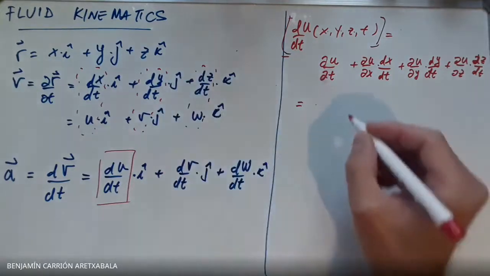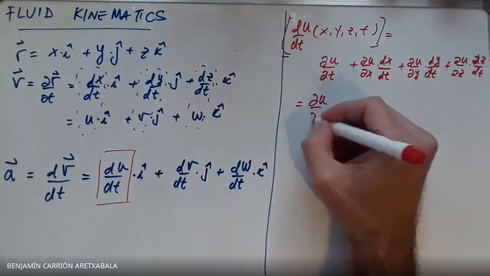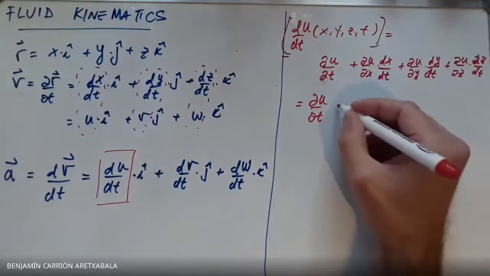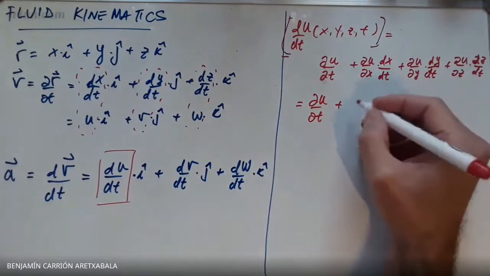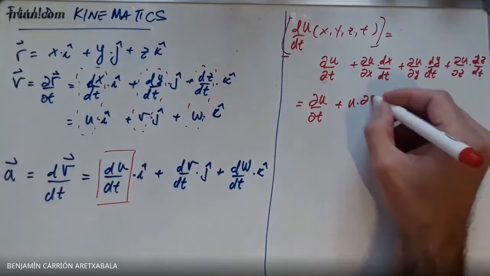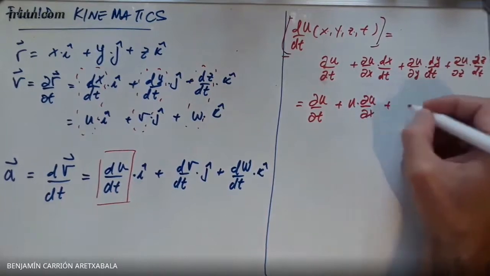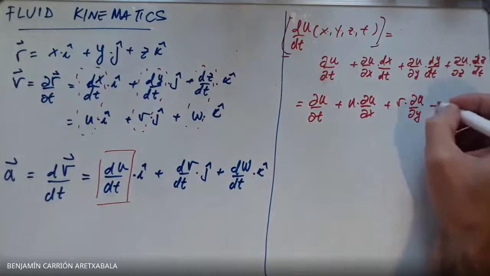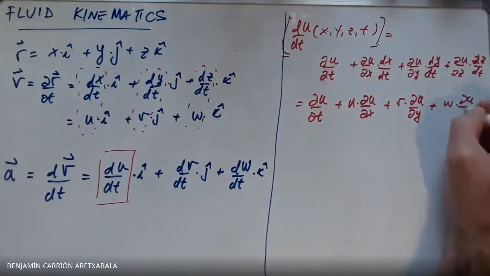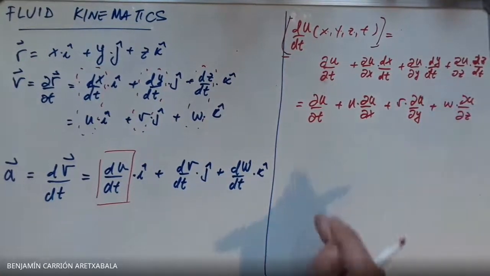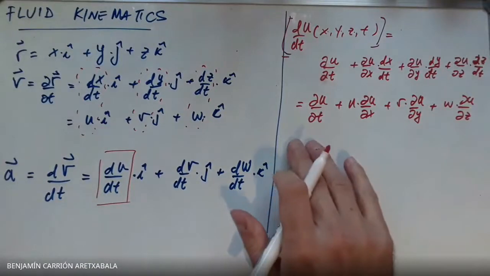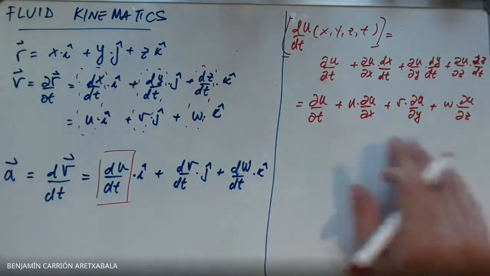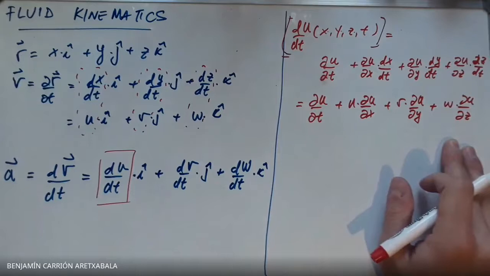So we can rewrite this total derivative as the partial derivative with respect to time plus, and we normally put the velocity in front, u ∂u/∂x plus v ∂u/∂y plus w ∂u/∂z. If any of you follows hydraulics later on, you're going to see this equation over and over again. Okay.